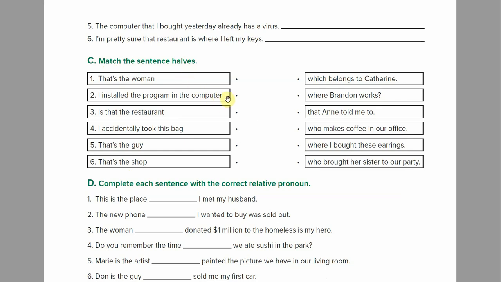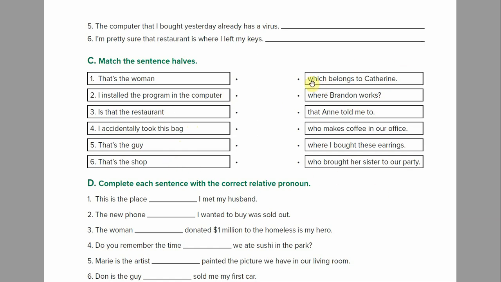Number 2, I installed the program in the computer. Is that the restaurant? Number 4, I accidentally took this bag. Number 5, that's the guy. And number 6, that's the shop.